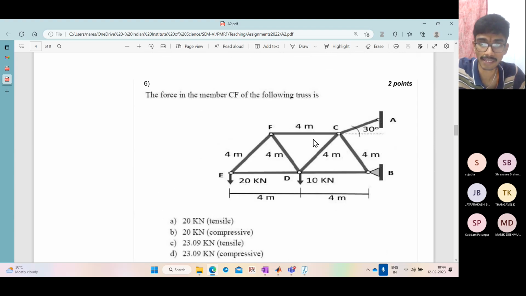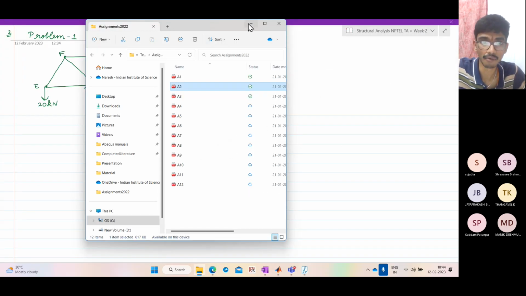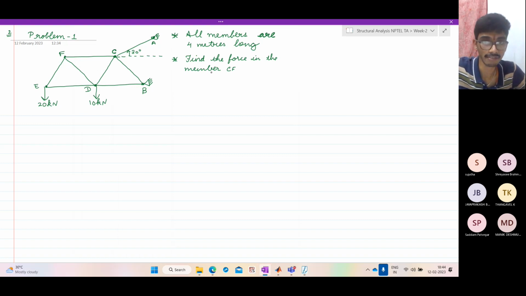All members are 4 meters long. Now, what they are asking is the force in the member CF. This is the member CF.